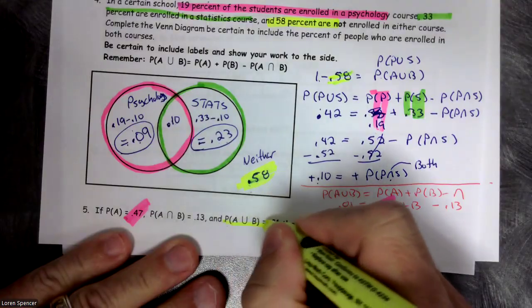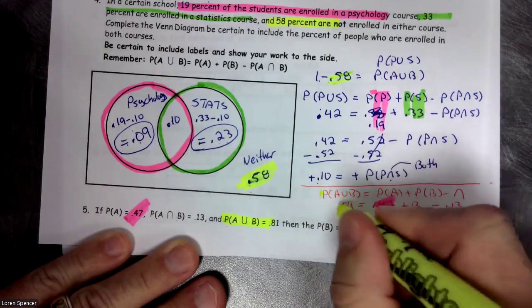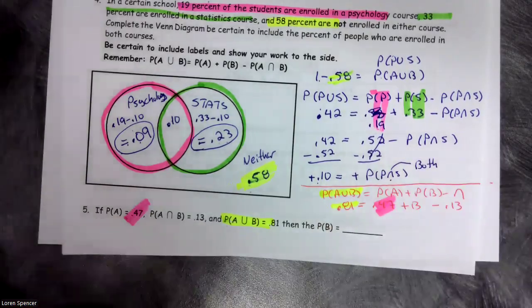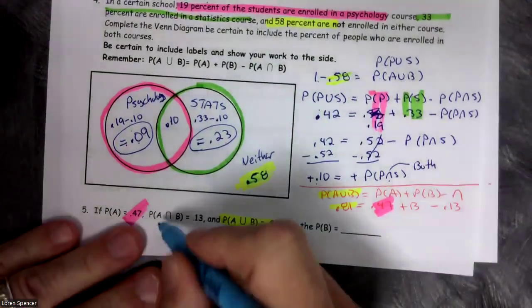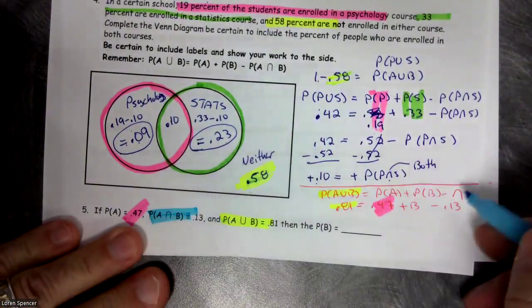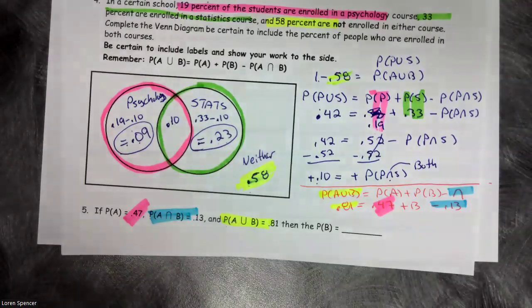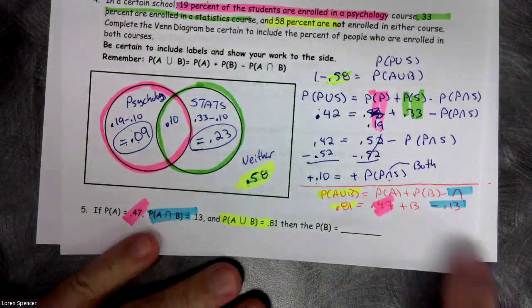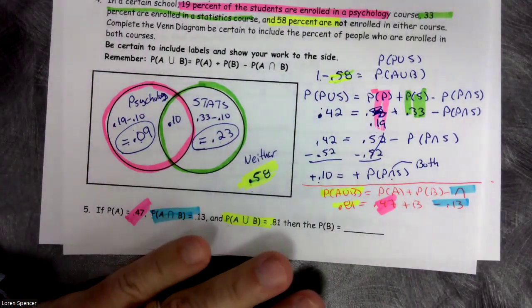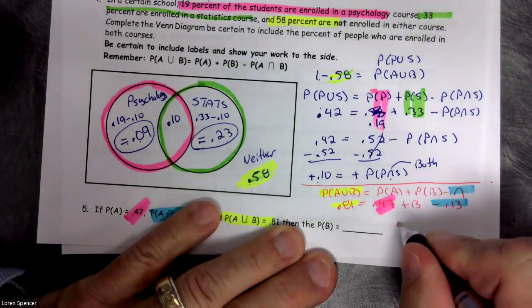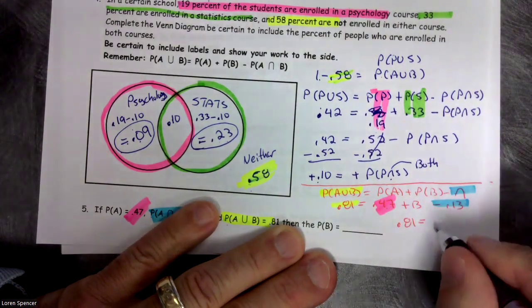But if I add these two together, 0.81 equals B plus this, 0.47 minus 0.13, which equals 0.34. So this is B plus 0.34, or the other way around.